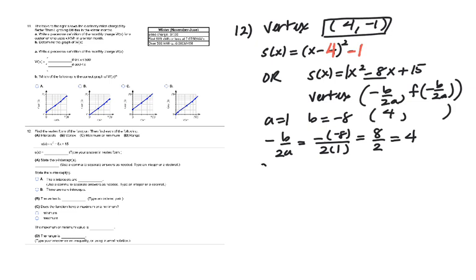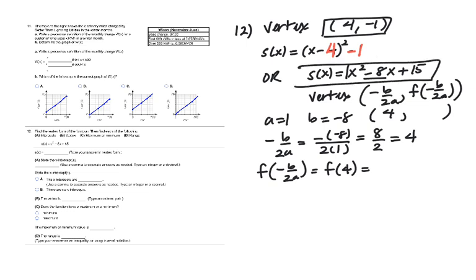Then I'll evaluate my function for f of negative b over 2a. In this case, we'll evaluate the function for 4. So I'll plug in 4 into the function. I have 4 squared minus 8 times 4 plus 15. 4 squared is 16, minus 8 times 4 is negative 32, plus 15. 16 minus 32 is negative 16, plus 15.